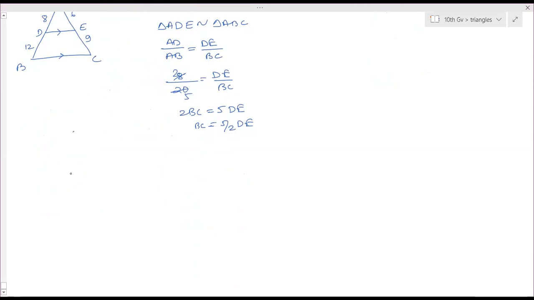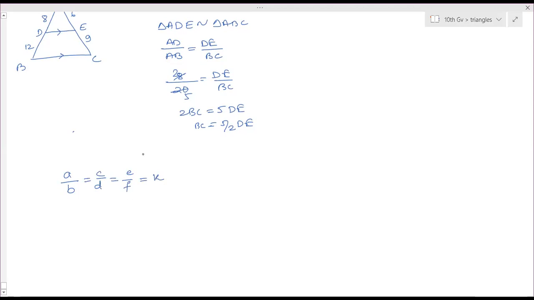So suppose A by B is equal to C by D is equal to E by F. Ratios are equal.